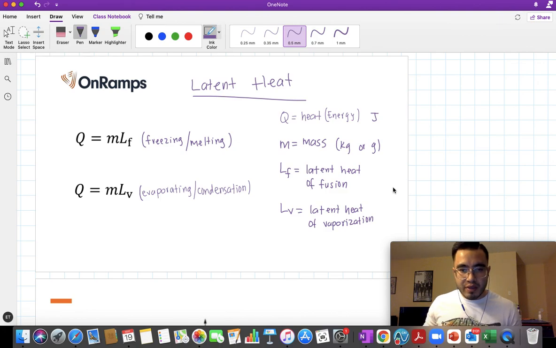And the units will be either kilojoules per kilogram or joules per gram. Now, if you're going to keep the mass in grams, then use joules per gram. If you have kilograms, then use kilojoules per kilogram. Okay, so those are the units.